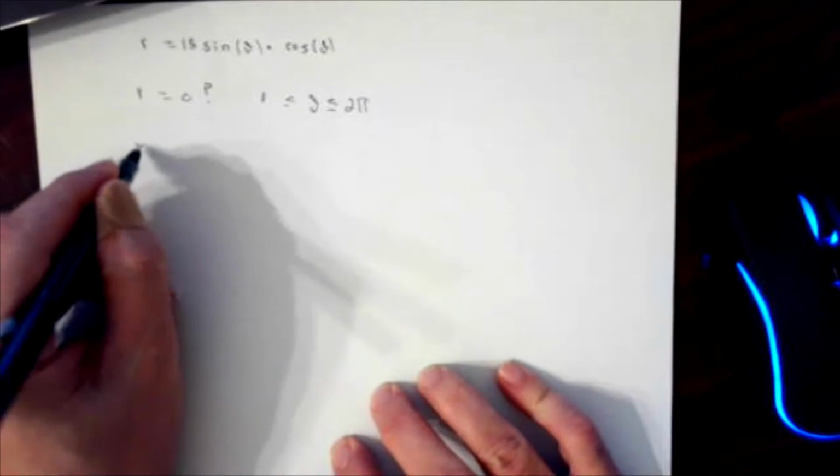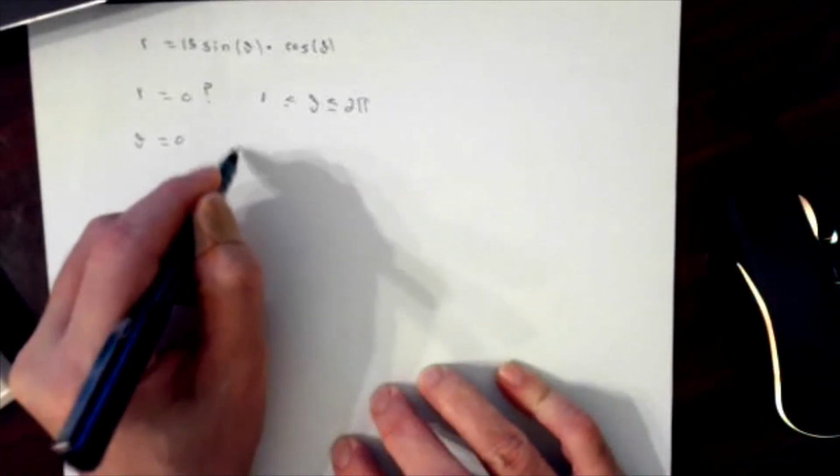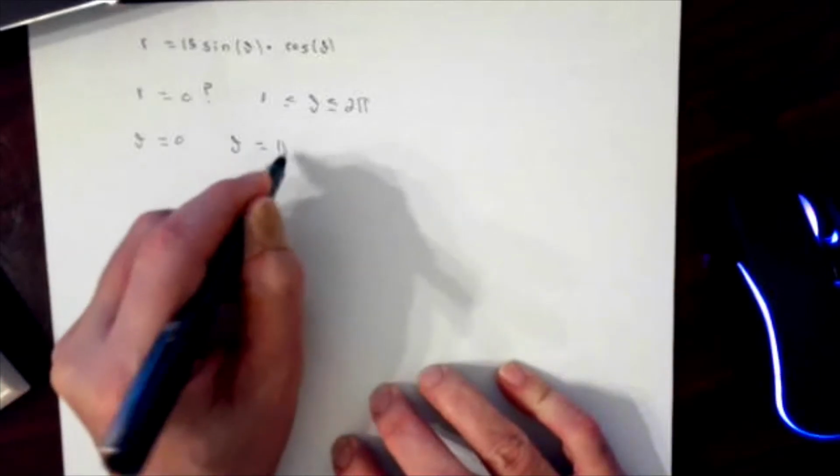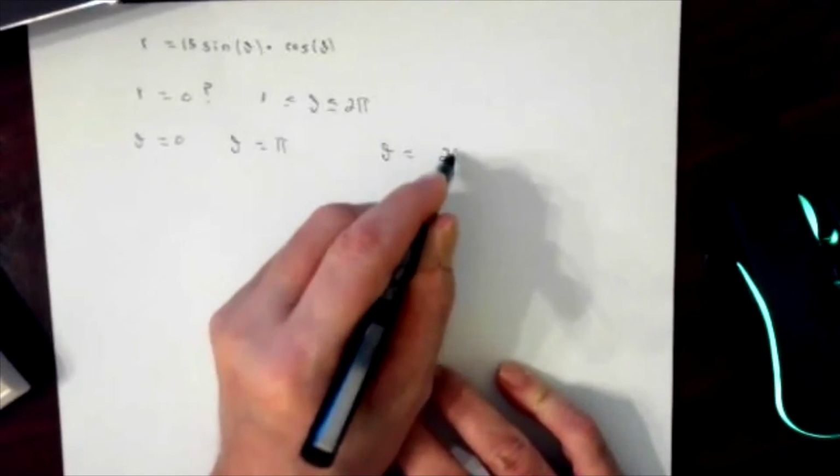Sine of theta being 0: theta equals 0 would work, theta equals pi would work, theta equals 2 pi would work. So the sine being 0 is going to give me 3 possible interesting situations. We'll see if any of them are identical with any of the others as we go along.